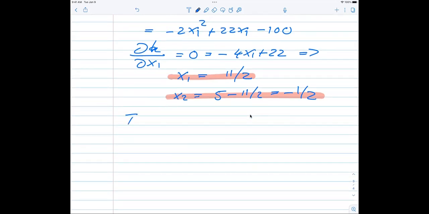So let's now, the top-down means that we have the equations. So I'm going to define a Lagrangian, which now is given by this function of x1, x2.